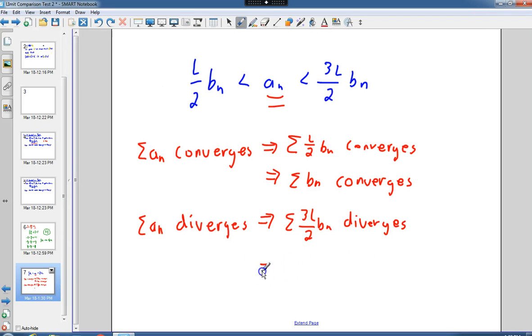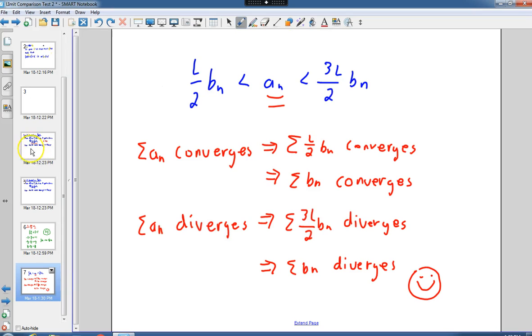And if that series has to diverge, then the series with general term of b sub n also has to diverge, once again because of the fact that multiplying a series by a non-zero constant does not affect overall divergence of a particular series. So this in particular proves our limit comparison test.